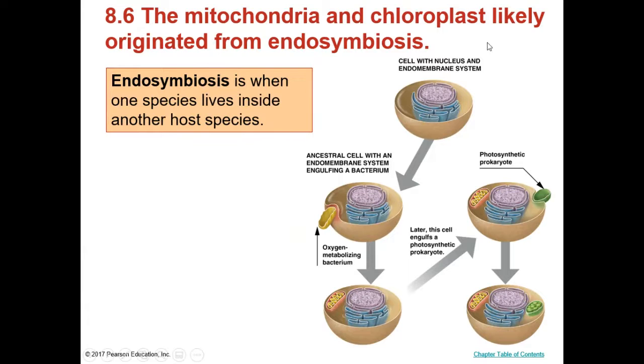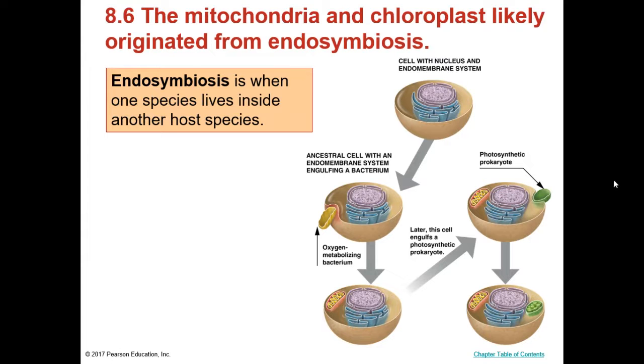Now, after that, there were events that allowed for the ingesting of these oxygen metabolizing bacteria. They were ingested in processes that took millions of years. And then ultimately, chloroplasts were also ingested by other populations of these newly formed cells. And guess what? Their interaction was positive.